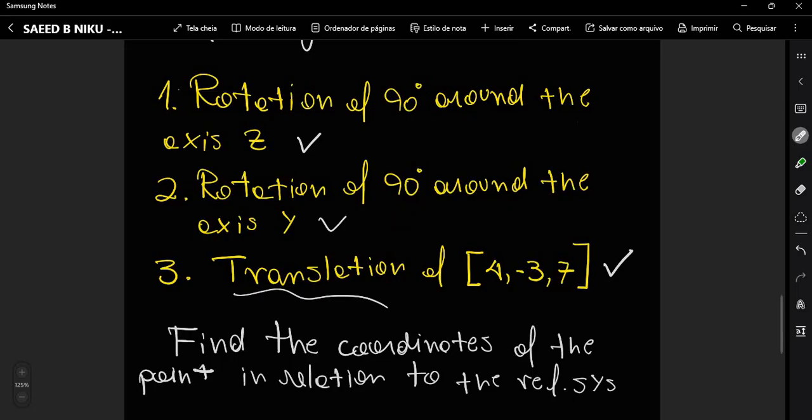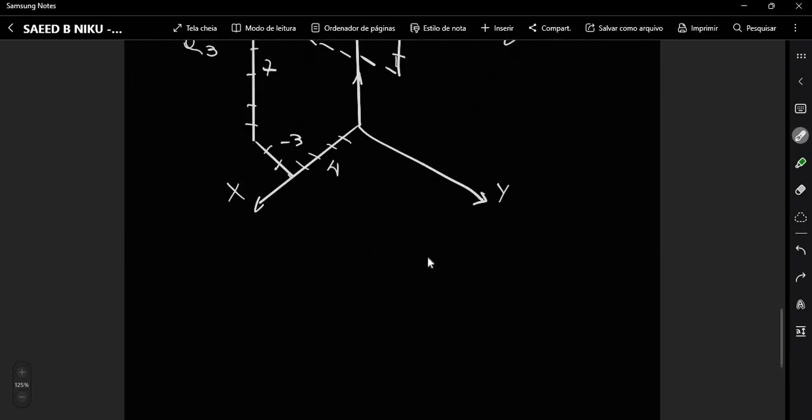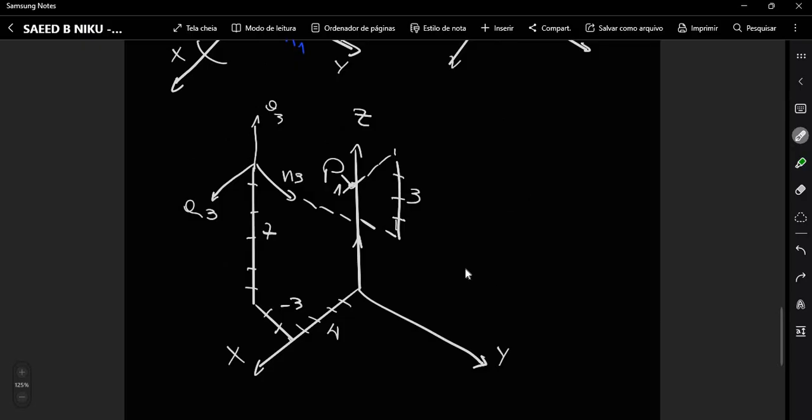Just by changing the order of the transformations, this will change the whole orientation and position of the point.